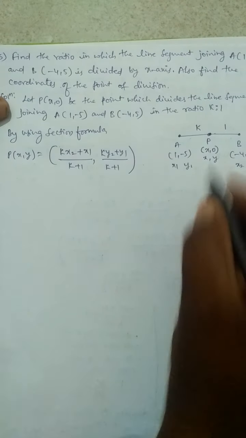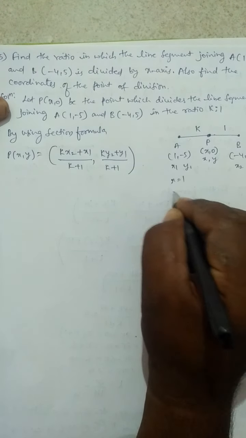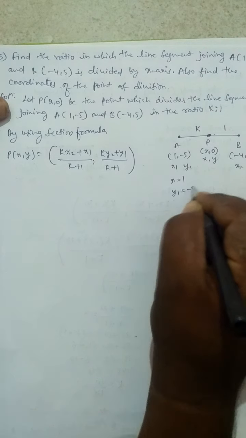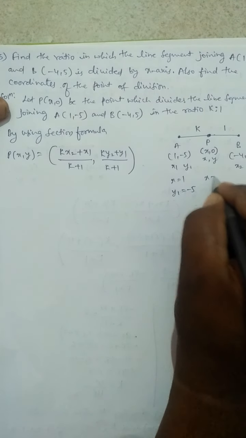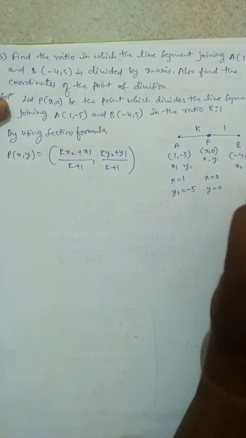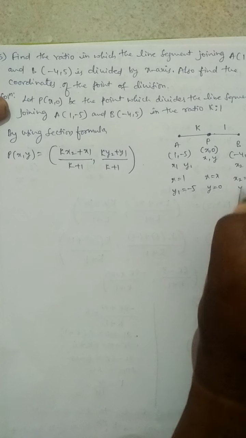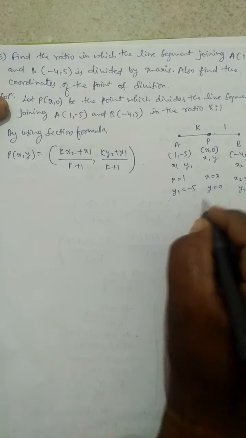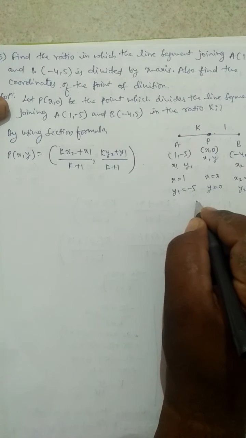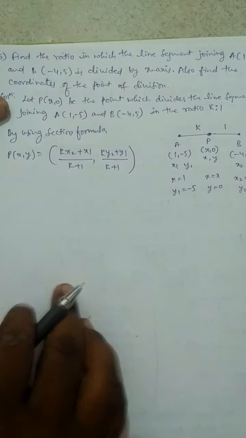Now here x1 is equal to 1, y1 is equal to minus 5. Here x is x only, y is equal to 0. Here x2 is equal to minus 4, y2 is equal to 5. Here the ratio, k as it is and 1 as it is.